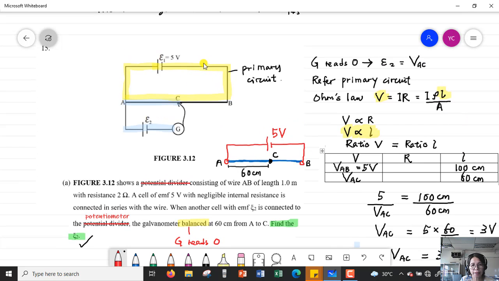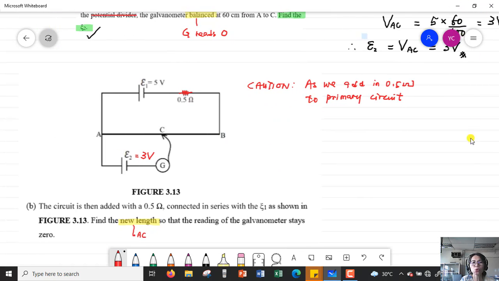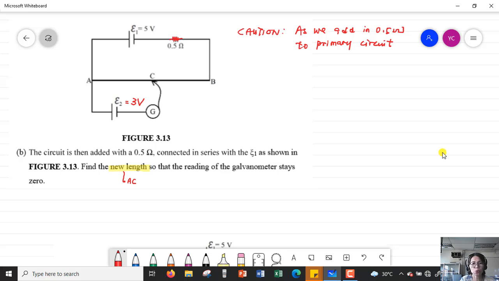kita tidak ada external resistor pada primary circuit. So 5 volt akan diberi kepada the whole wire AB. So voltage AB adalah terus 5 volt. But then untuk soalan 15B ni, when we add in a 0.5 ohm resistor, then the voltage across the whole wire AB bukan lagi terus 5 volt lah.